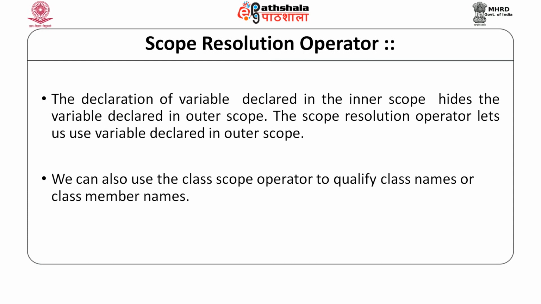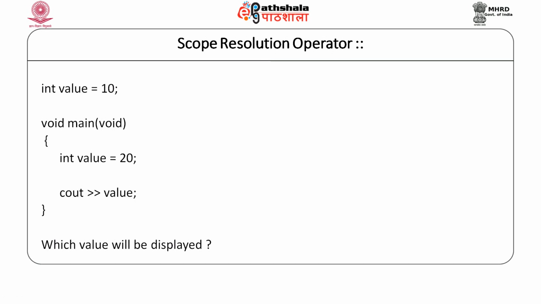But how do we use the scope resolution operator for qualifying the class name or the class member name? That we would see when we discuss classes and objects in detail. But here we will take an example wherein the scope resolution operator can be used to access the variable declared in the outer scope.